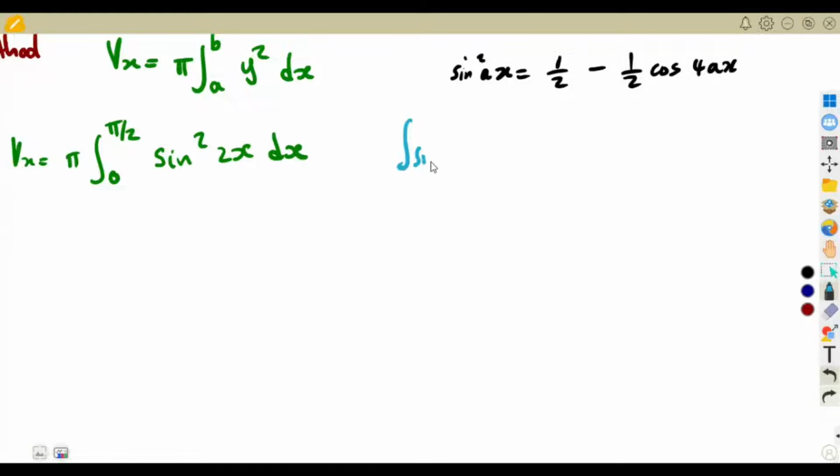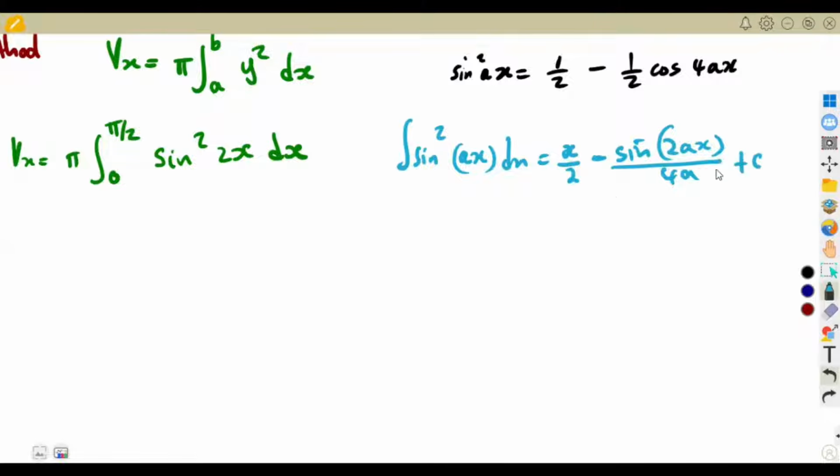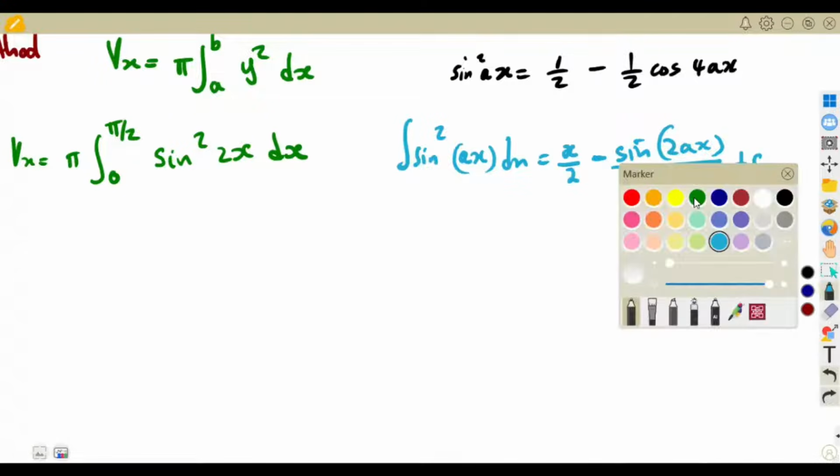We are told that the integral of sine squared ax with respect to x, taking the corresponding formula, is x/2 minus sine 2ax over 4a plus c. This is the formula for the integral of a sine squared. So we can simply find our answer directly.